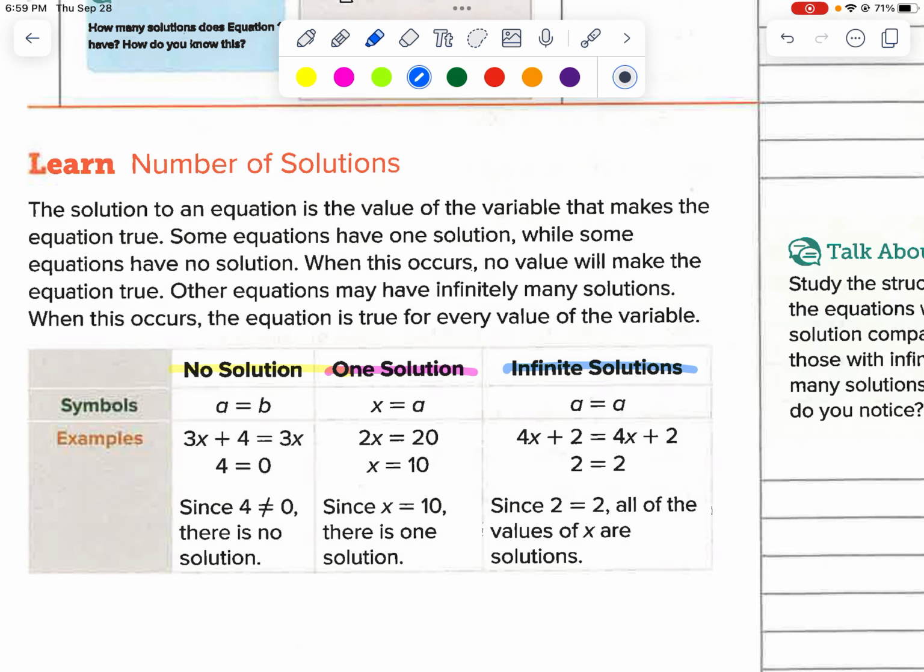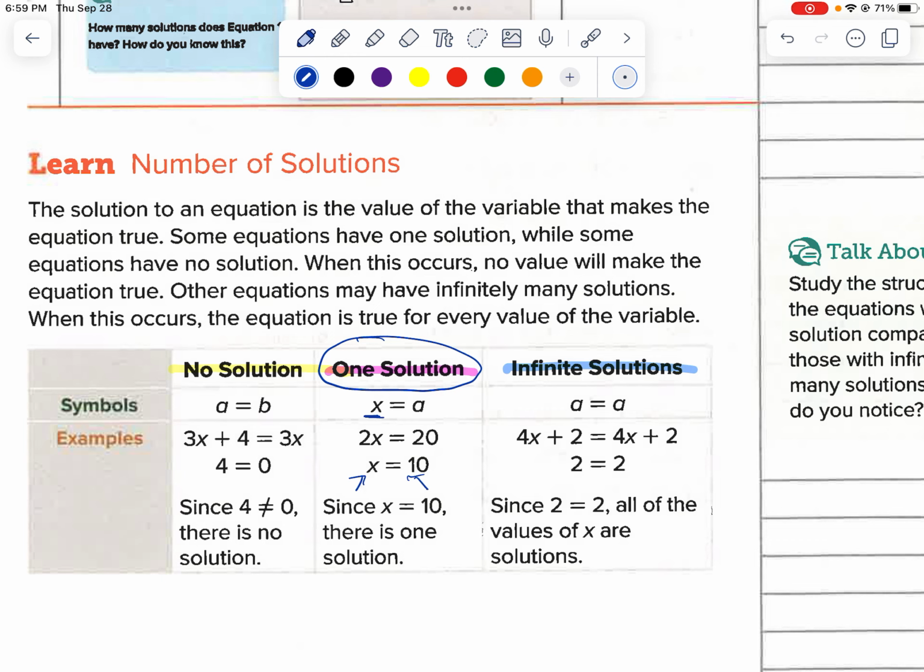Up until today, we've only dealt with 1 solution. This is the one that we've been dealing with. It's where the variable equals a number. So it's going to have a variable and it equals a number. Okay? So that's 1 solution.